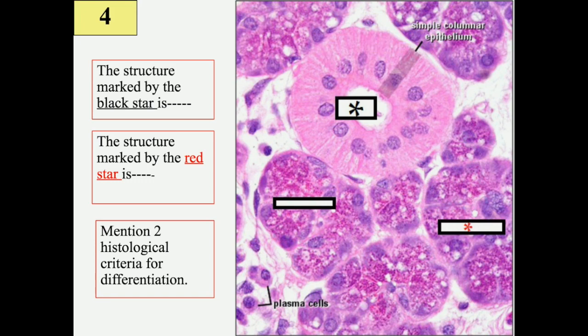But in the serous acinus, we have acidophilic secretory granules at the apex and a basophilic basal part. So these are the two criteria: you will mention the size and the staining of the cytoplasm. All of this is acidophilic with striation, but this has apical acidophilic granules and a basal basophilic part.